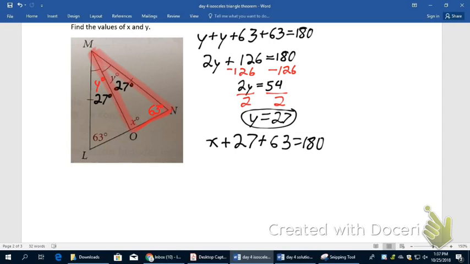So you can see my setup there. And then the 27 plus 63 is 90. And then I'll subtract 90 from both sides. And then 180 degrees, subtract off 90 degrees, is 90 degrees.